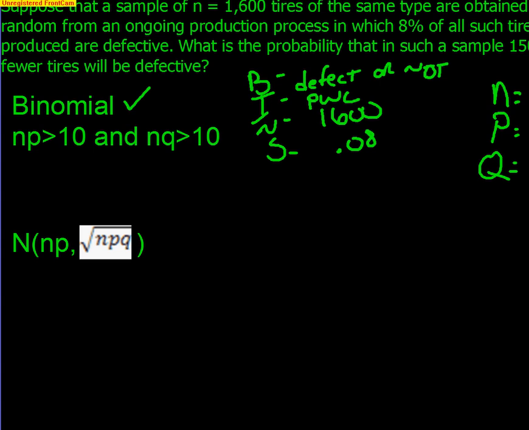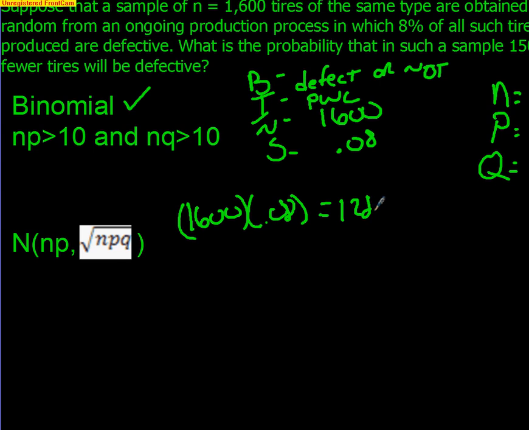So let's find out what np is. If n is 1600 and p is 0.08, we need this to be greater than 10. Let me use my calculator here. 1600 times 0.08, and I get 128.